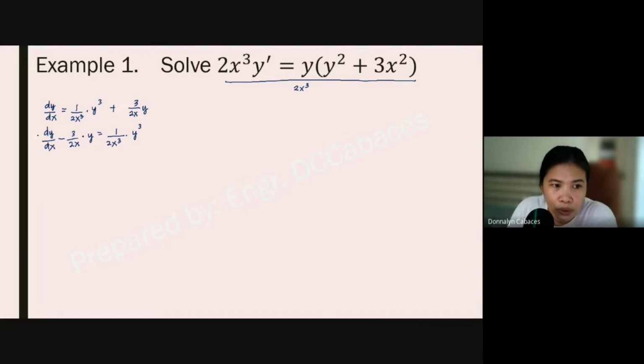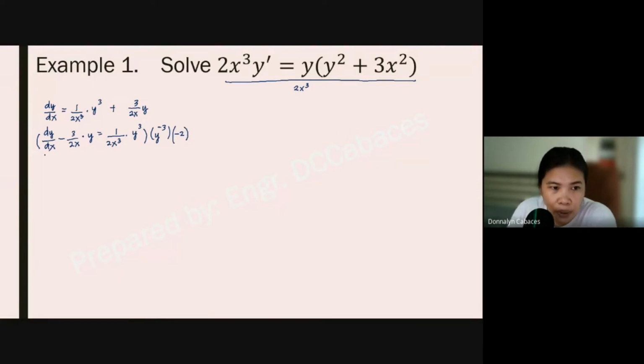So what we need to do, what are we going to multiply? We multiply it with y to the negative 3. We can also have it at once, the multiplication of the constant or the coefficient, negative n plus 1. So our n is 3, so negative 3 plus 1 is negative 2.